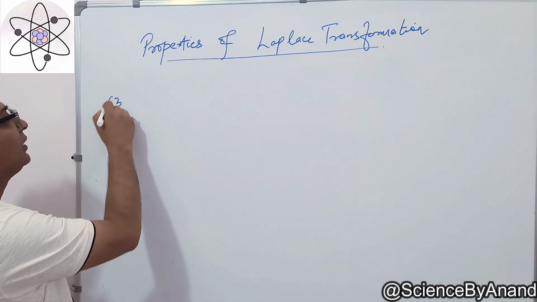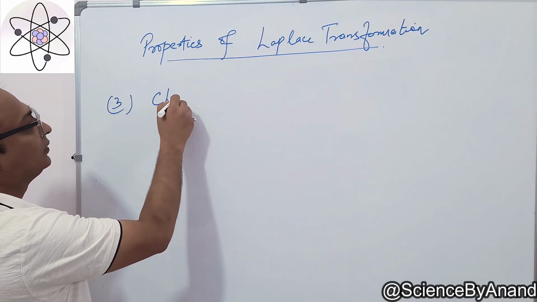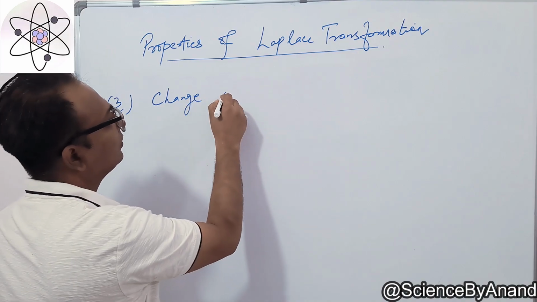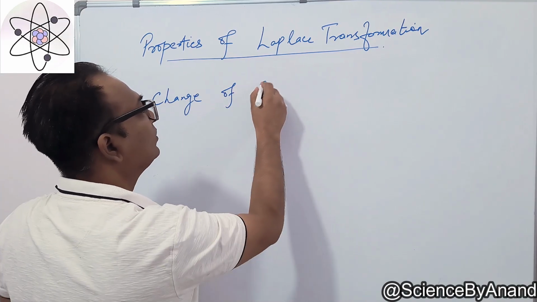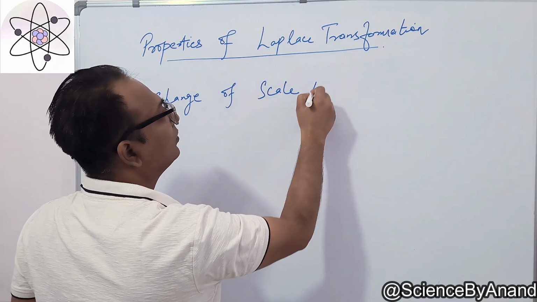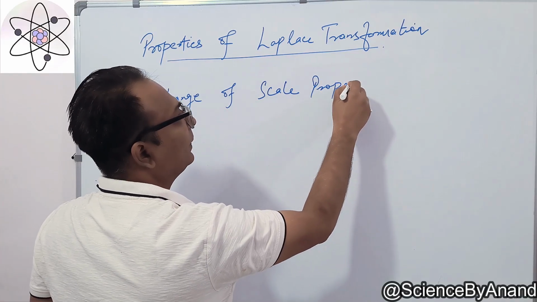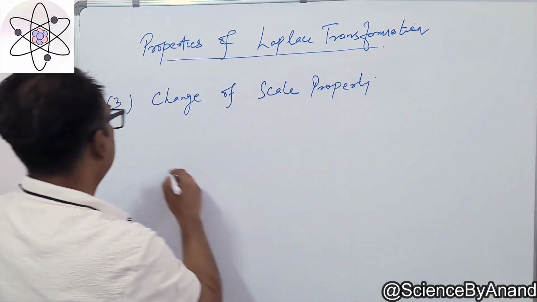Finally, the third property is called the change of scale property. What does it say?